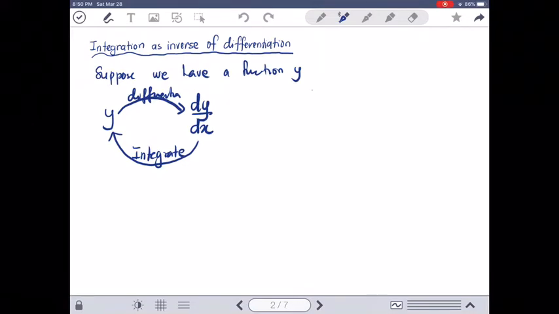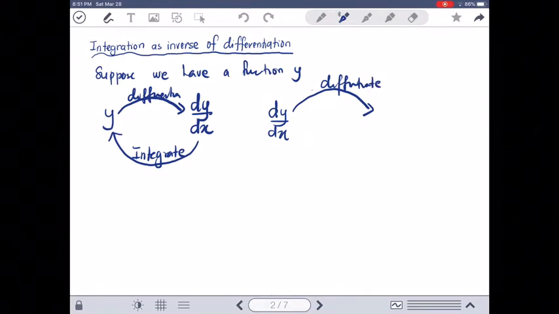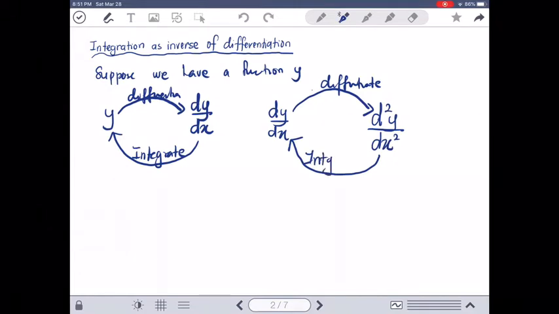A similar concept applies to second order derivatives. If we differentiate dy over dx, we will get d squared y over dx squared, which is the second order derivative, which means that if we integrate d squared y over dx squared, we will get dy over dx.